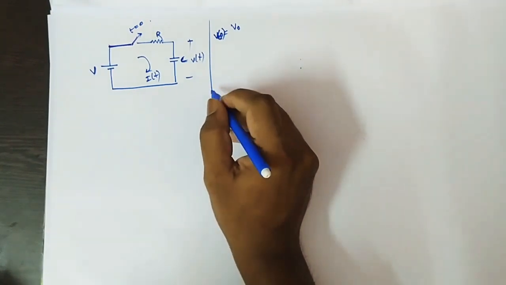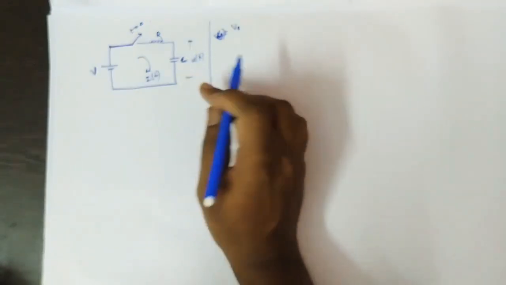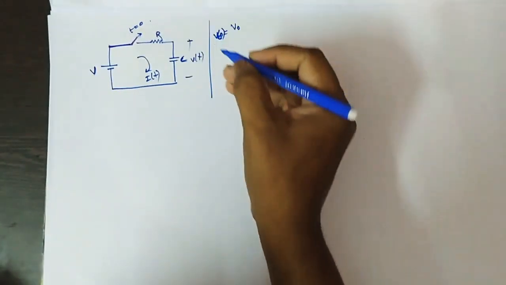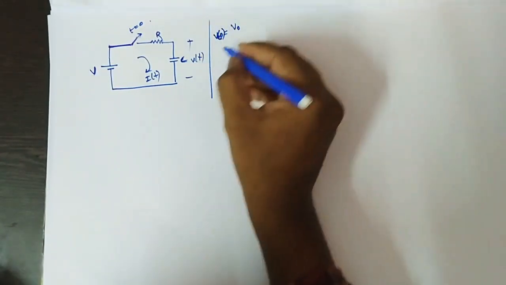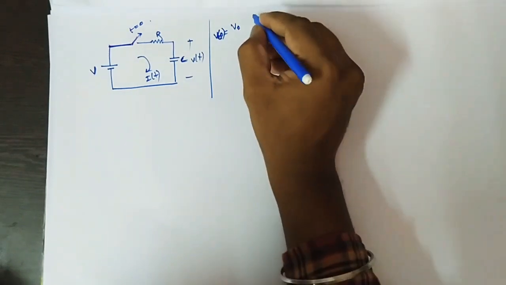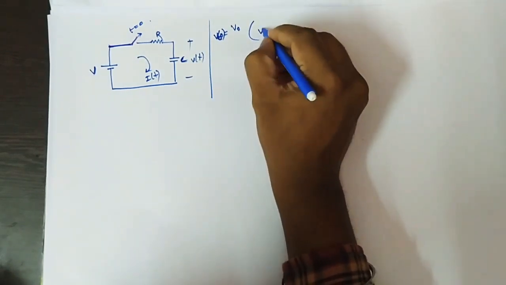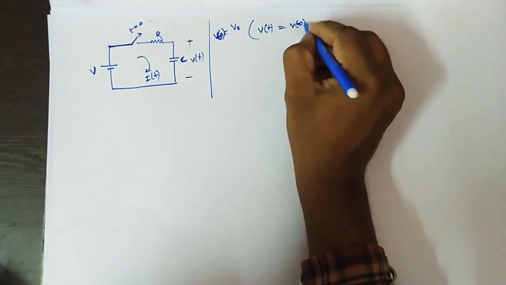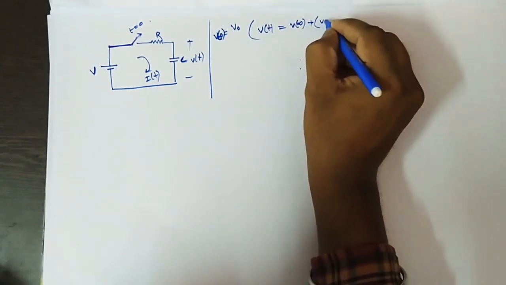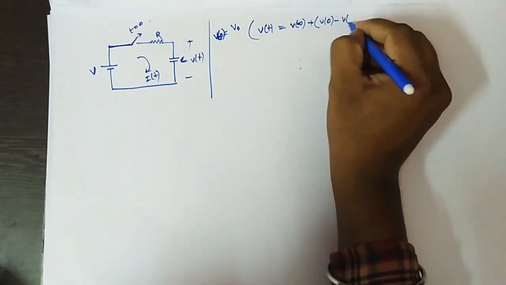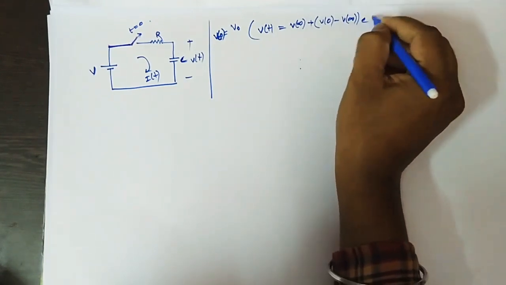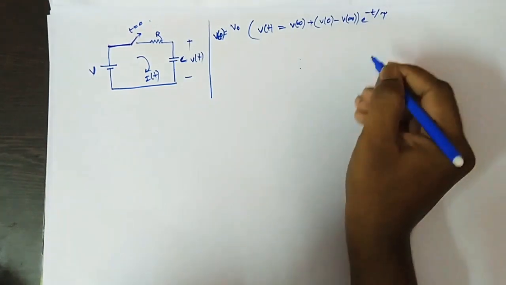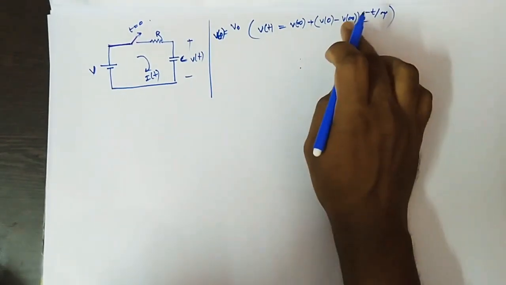Already we represented this. In time domain we got the expression v of t in the form of what? v of t equal to v of infinity plus v of 0 minus v of infinity, e power minus t by tau. We got this expression.